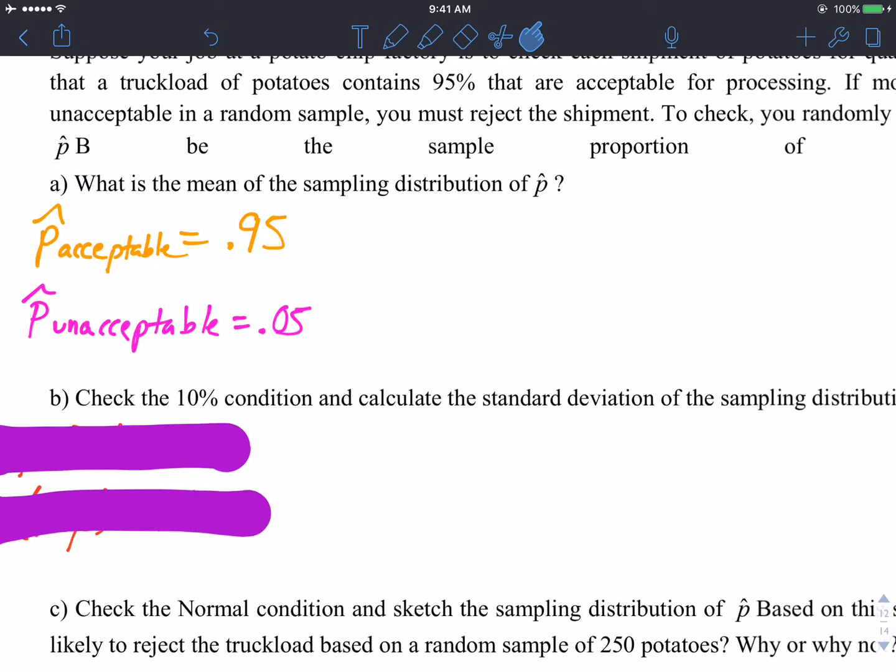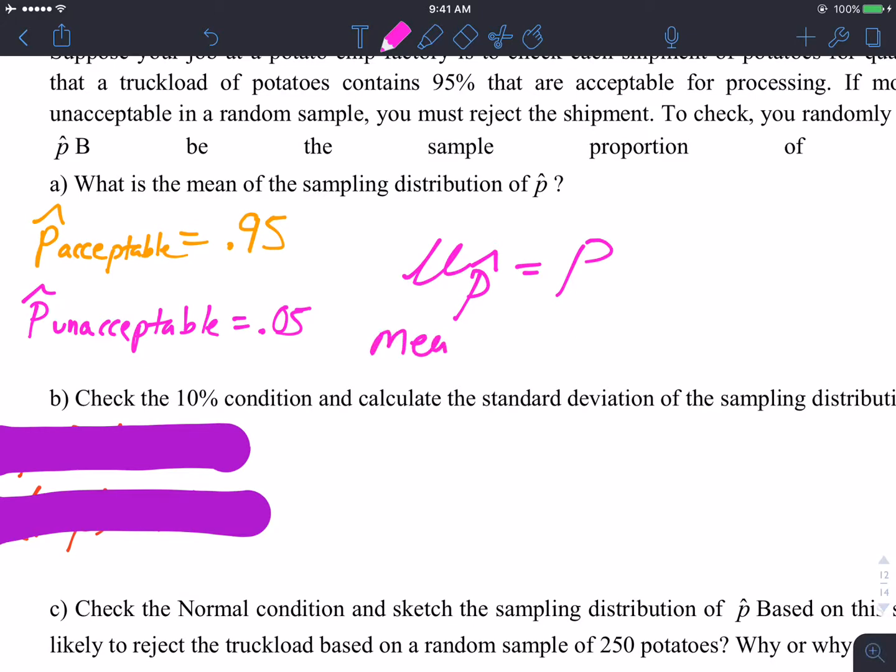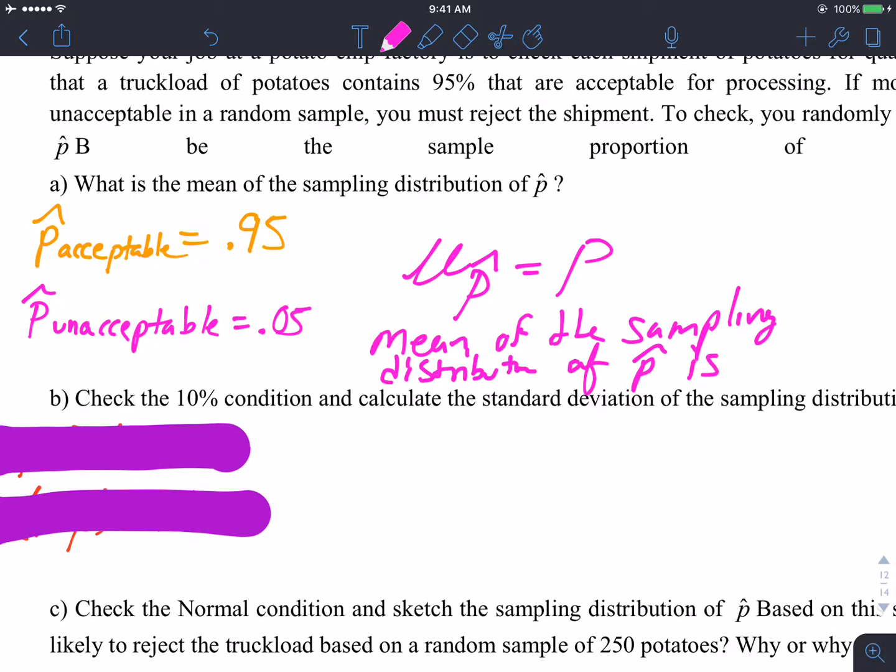And from the equation we learned, the mean of the proportion is equal to p. So therefore, the mean of the sampling distribution of P hat is 0.05.